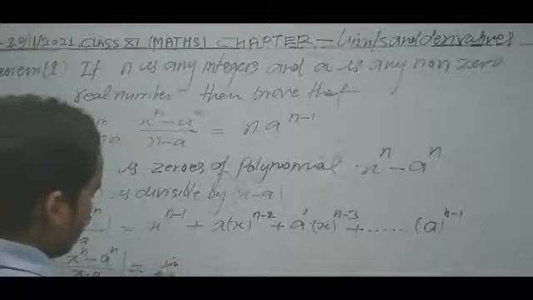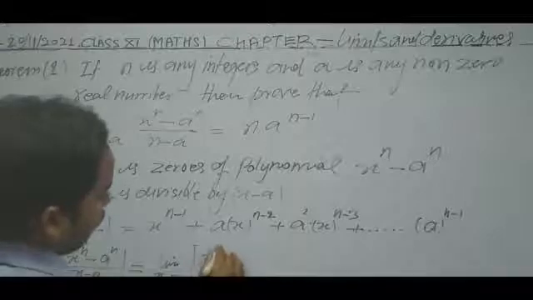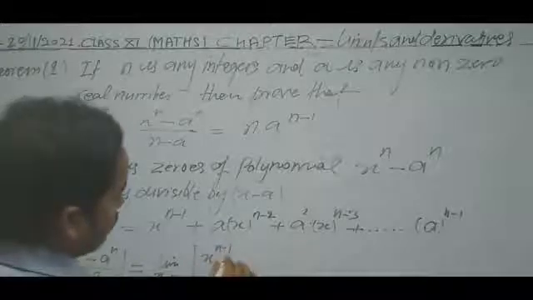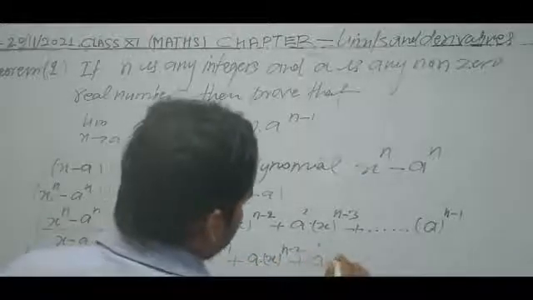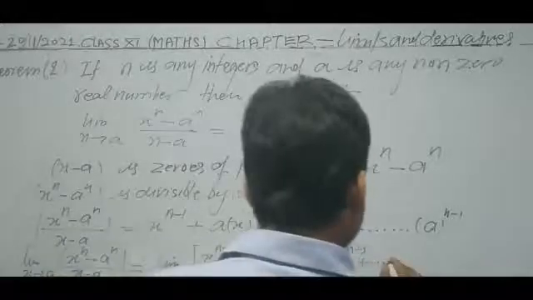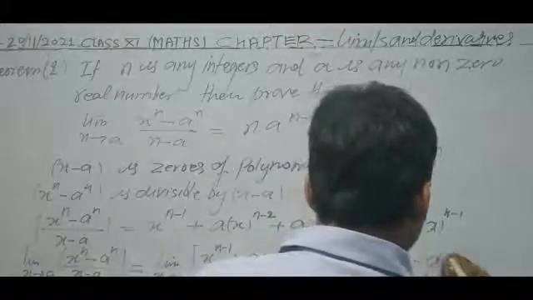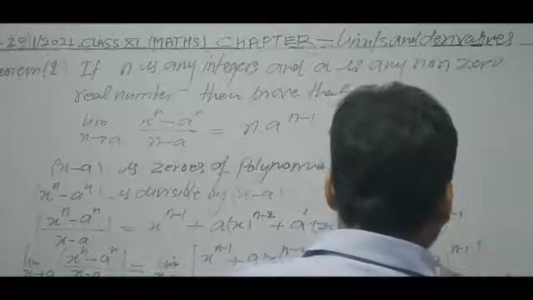So the result is limit x tends to a, x to the power n minus 1 plus a times x to the power n minus 2 plus a square times x to the power n minus 3 plus up to a to the power n minus 1.